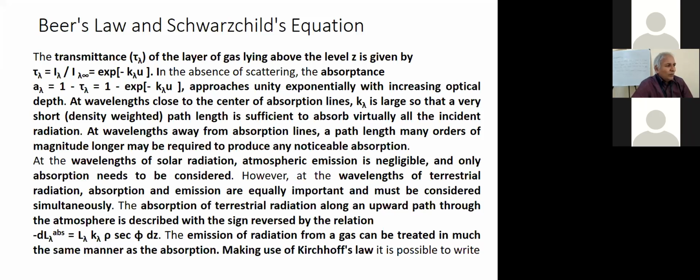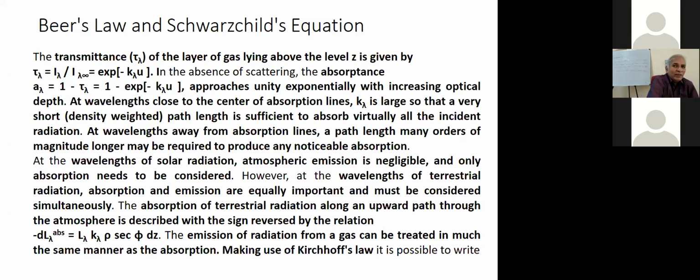Okay, so absorptivity is given by 1 minus exponential of minus the optical depth. You can see that with increasing optical depth, this is going to go to 0, and the absorptivity is going to reach a value of unity.